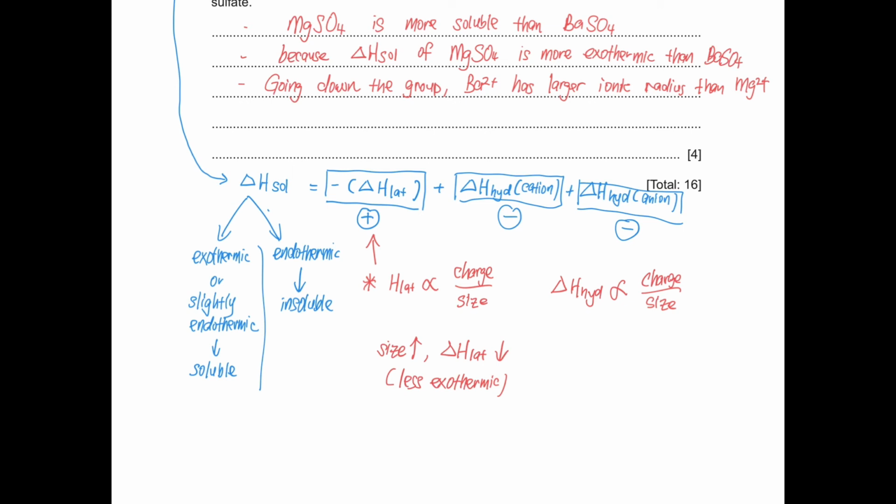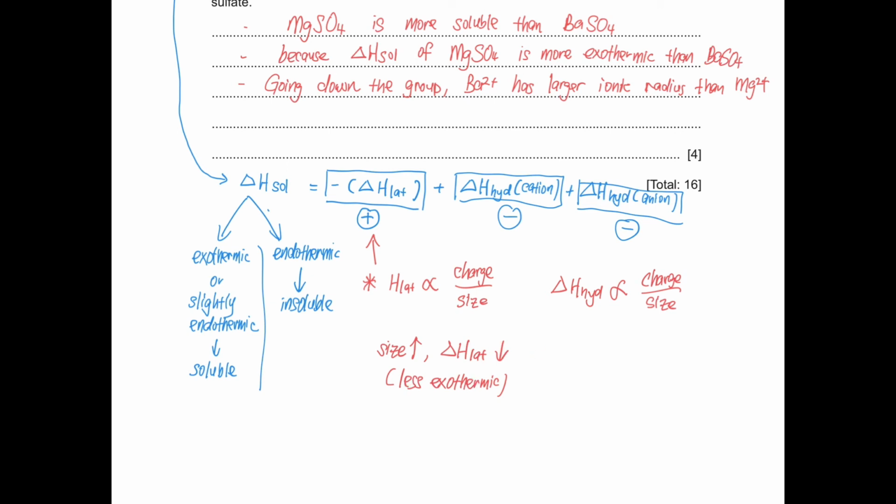Let's move on. As you can see here, the enthalpy change of hydration is also affected by charge over size. So the same situation happens. When the size increases, the delta H lattice decreases, becoming less exothermic.